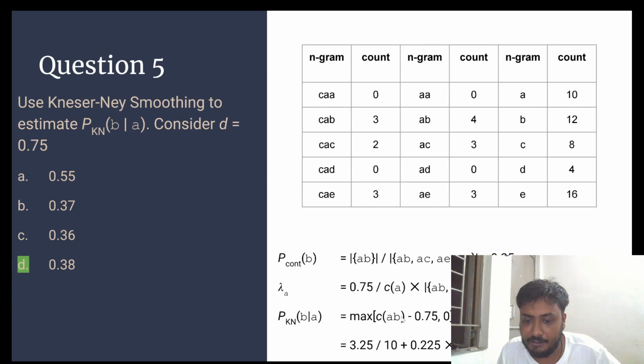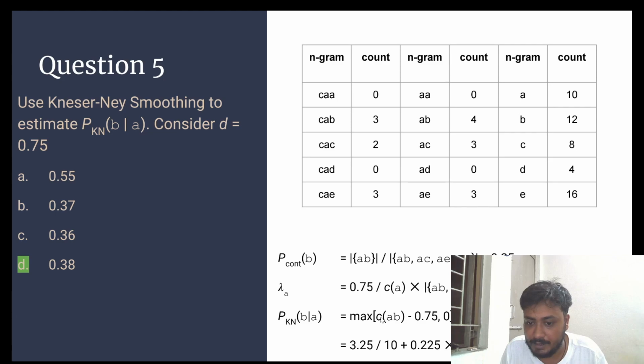So the frequency of AB, that is the bigram you want to find out, minus 0.75, and if the value goes below 0, that is why this max condition is given. You divide this by the actual count, and you add the other part with it. This is how we do it.